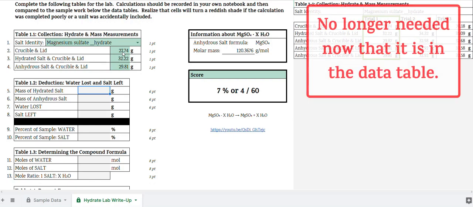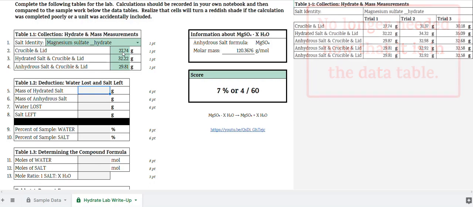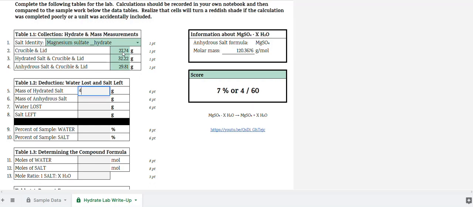When I go to determine how much hydrated salt is there, I'll need to take the difference of 32.22 and the crucible and lid, which was 27.74 for me. You should use your own data. I get a sample size of 4.48 grams, and I currently have it set to give you sample sizes between 1.5 grams and 5 grams.